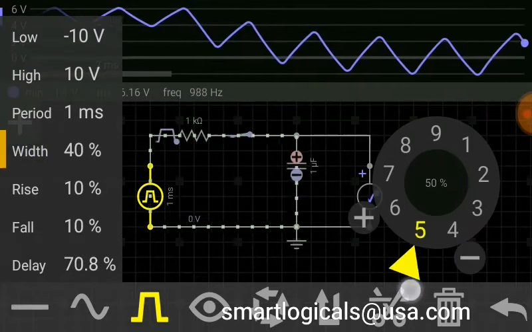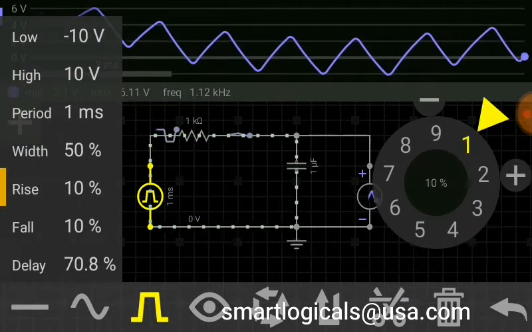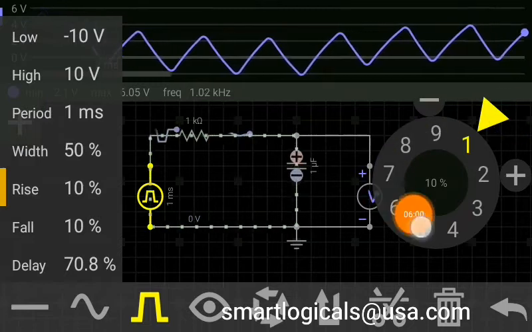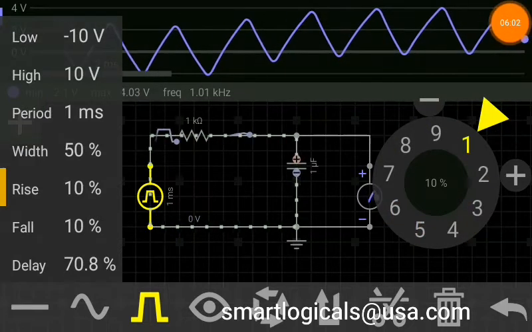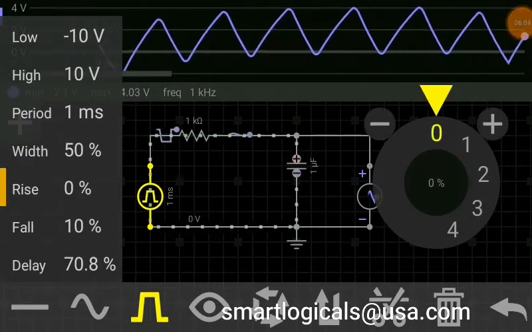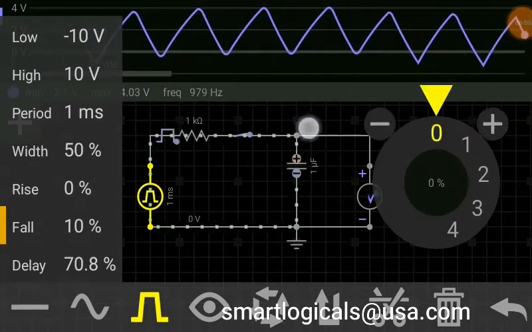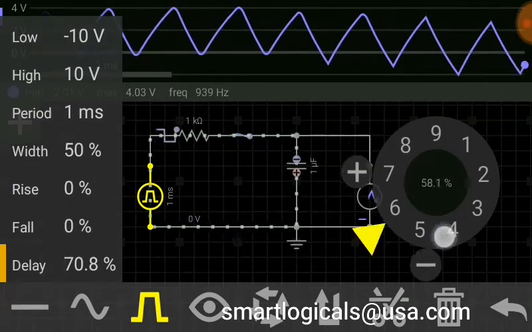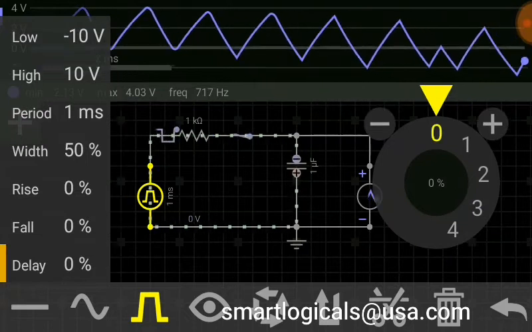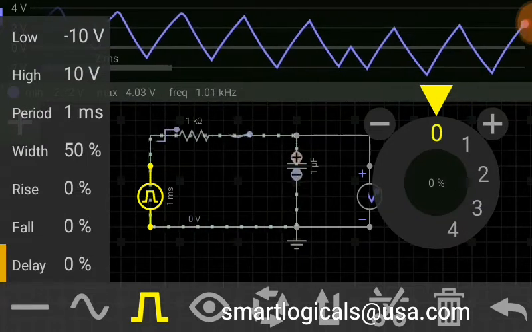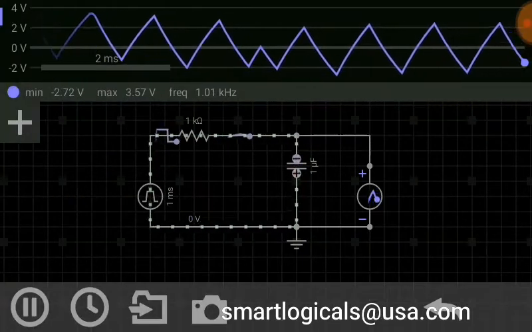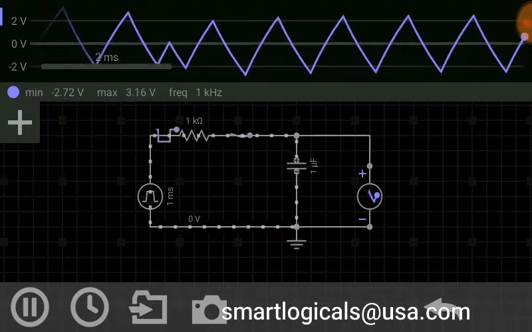The pulse width will be 50%, the rise time set to 0 and fall time to 0, and there is no delay. Then let's observe the low pass filter output.